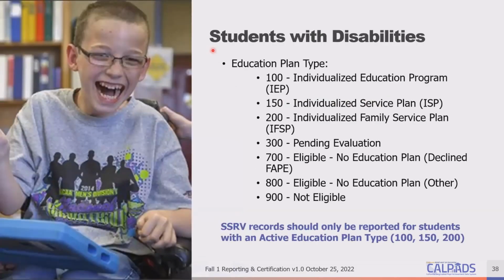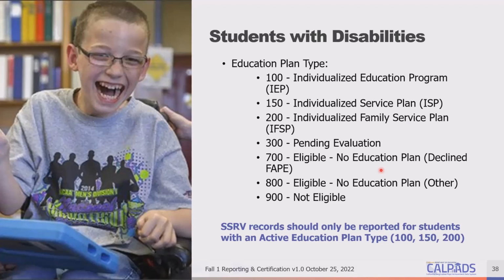Okay, so for students with disabilities, anyone with this educational plan type is included in the subgroup to be considered as student with disability. Only students with plan type 100, 150, and 200 are expected to be reported with an SSRV record, which reflects the services that are being provided for those students.